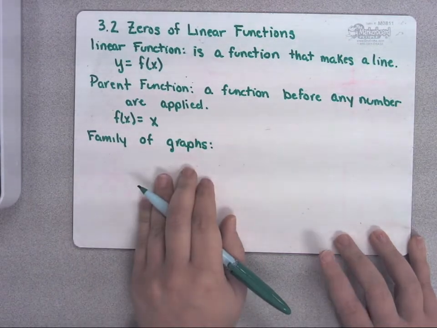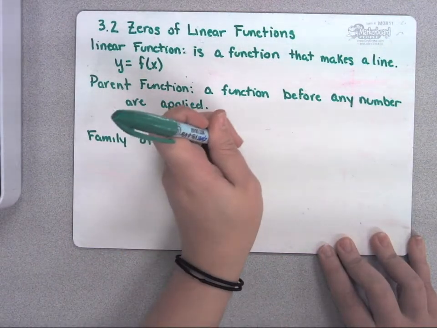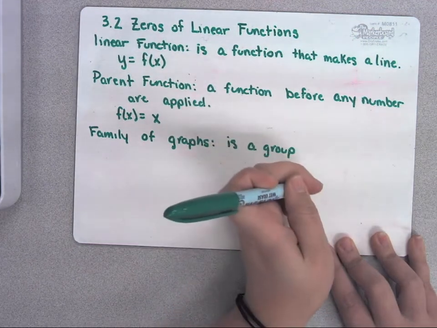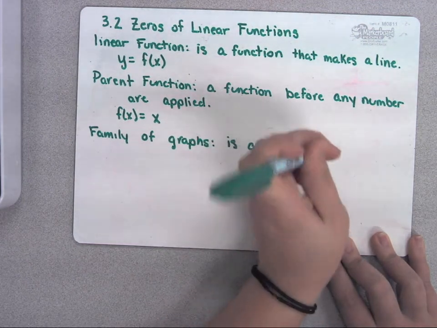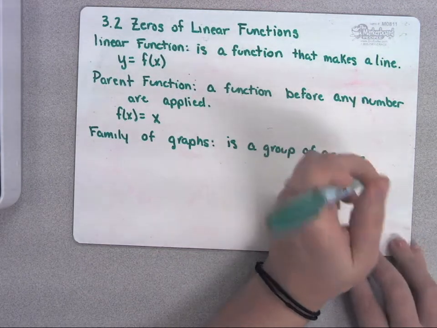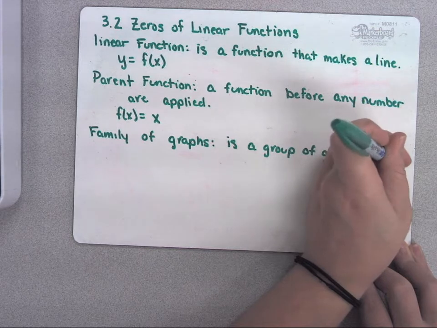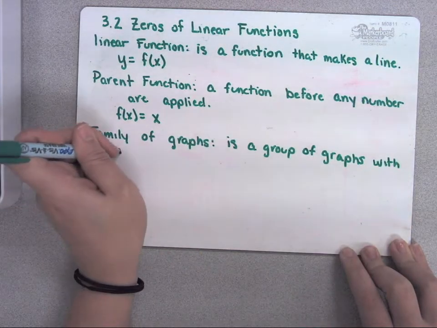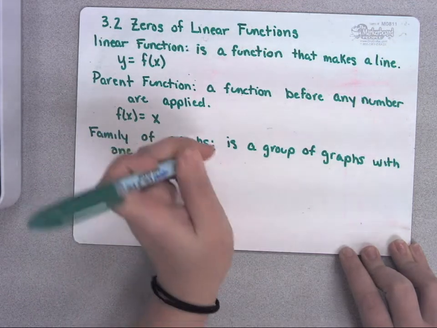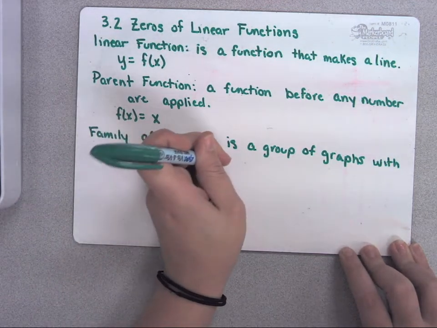Family of graphs, what it means, it is a group of graphs, obviously, with one or more similar characteristics.